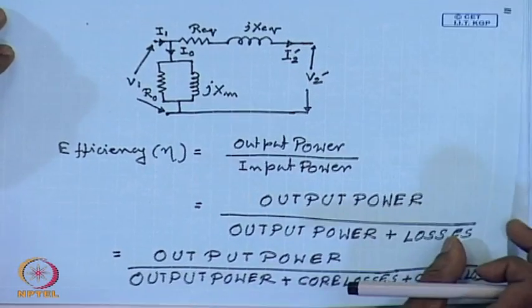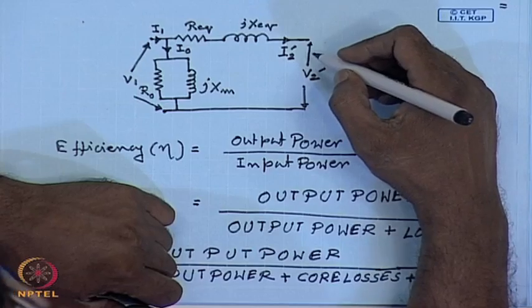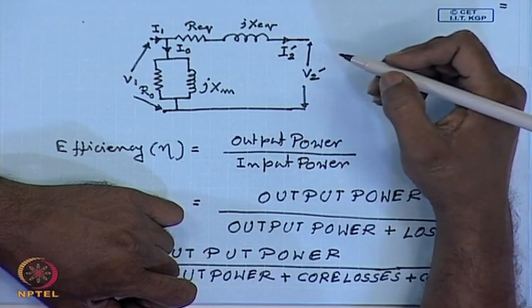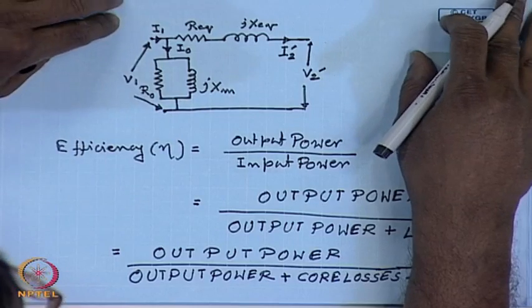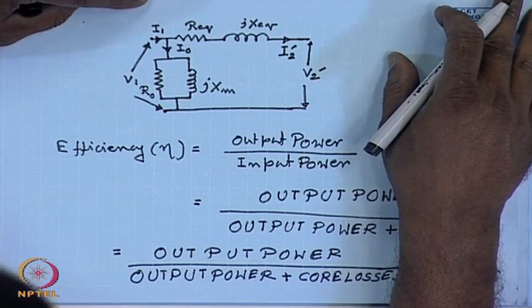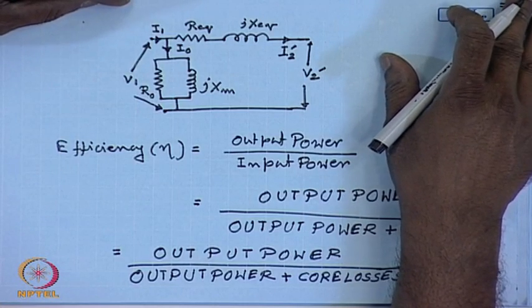Now, while it is possible, if the load parameters are given, to find out I2 dash and the efficiency under any given load condition, the usual practice is to find out these values from the test data.